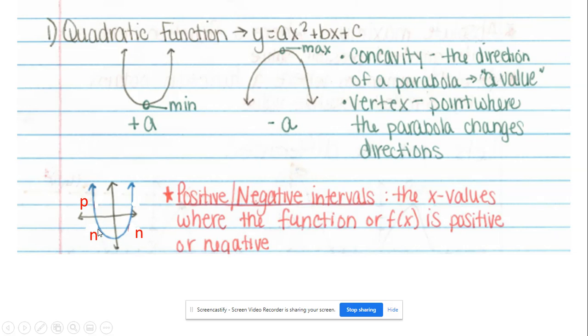So this whole bottom part right here is negative because the y value is negative. And then once we cross back over the x-axis, it becomes positive again. And here there's the word interval in the definition. And just like on the first set of notes where we had increasing, decreasing intervals, we will end up using interval notation. So make sure you have these notes written down as well.